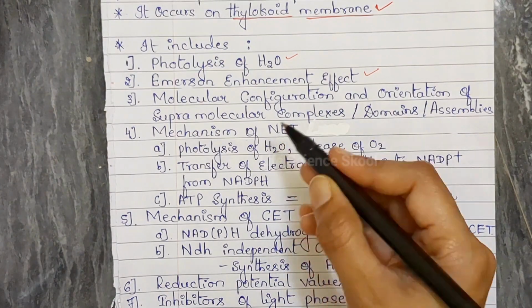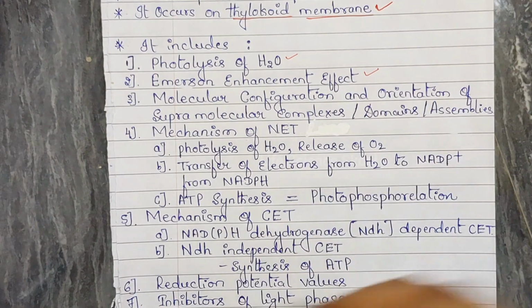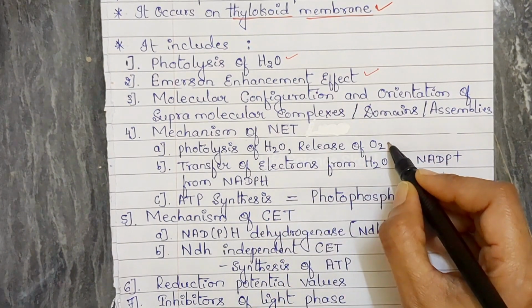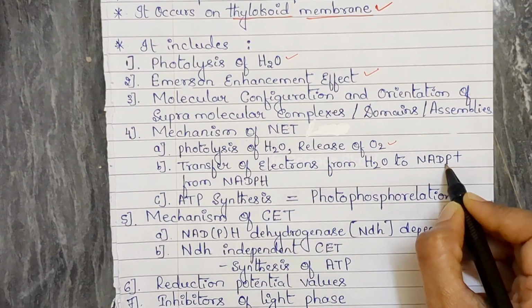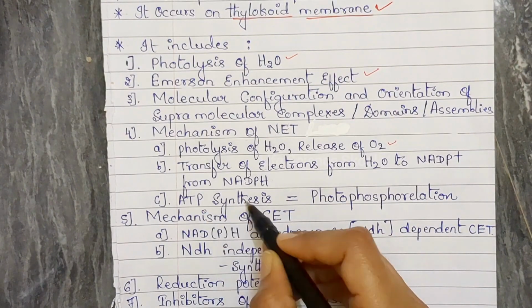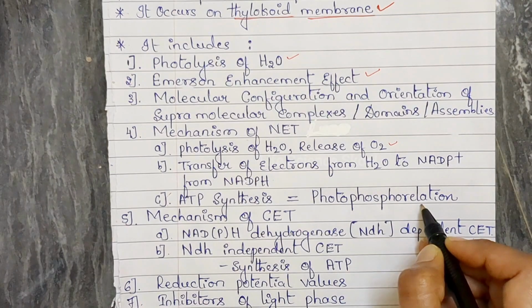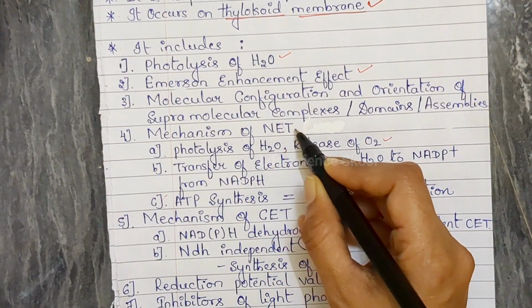This mechanism of non-cyclic electron transport includes another three steps: photolysis of water and release of oxygen, transfer of electrons from water to NADP plus to form NADPH, and third, ATP synthesis, where the energy molecule is synthesized, which is called photophosphorylation. These are all the steps included in non-cyclic electron transport.